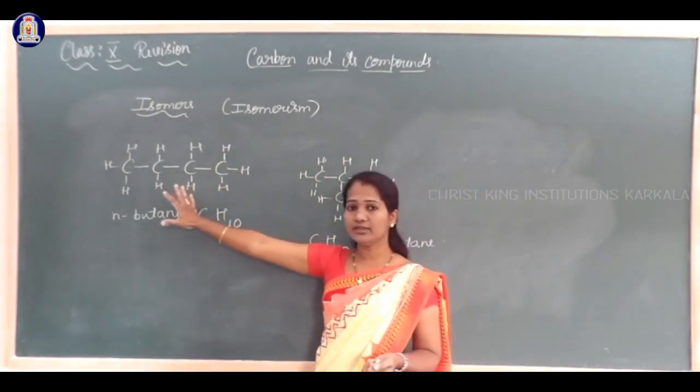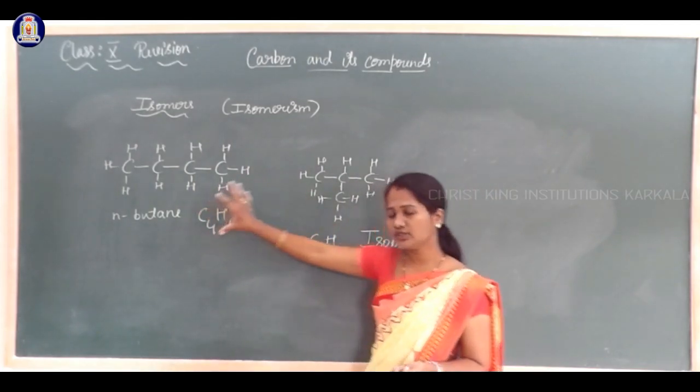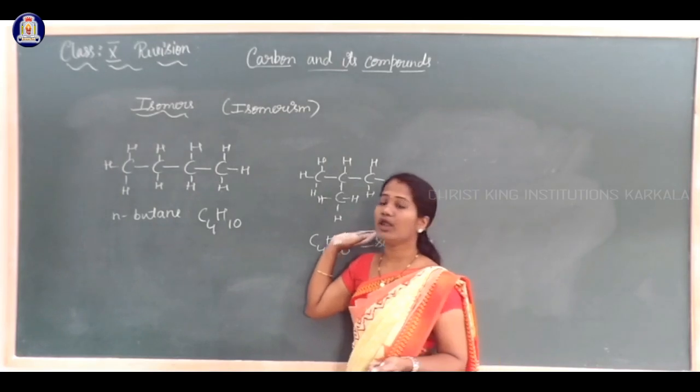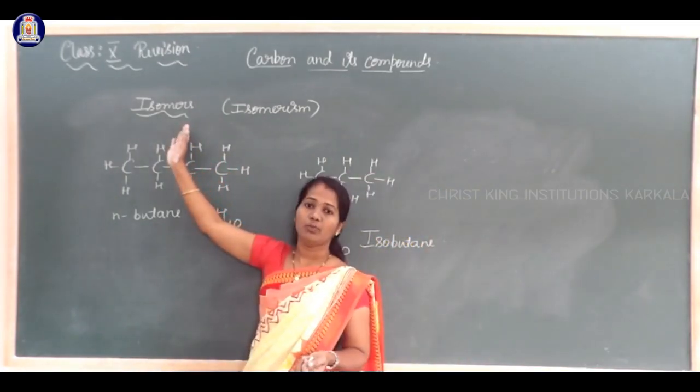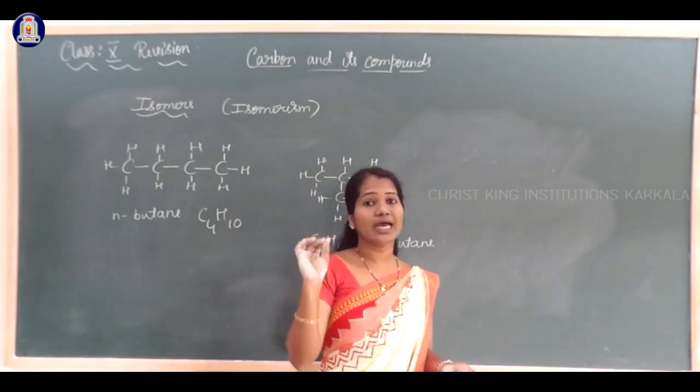So this is N-butane, this is isobutane. Formula C4H10, C4H10. So these compounds we call isomers. Butane is the simplest compound which shows isomerism.